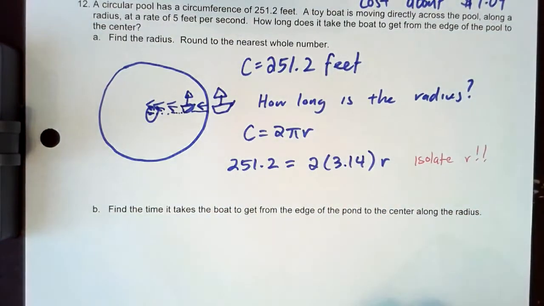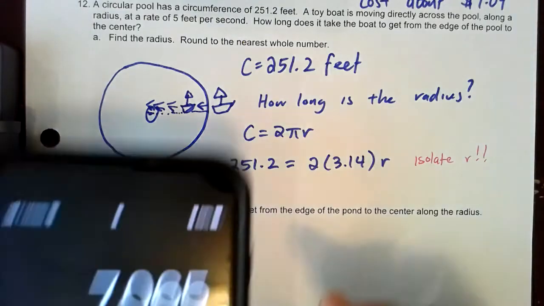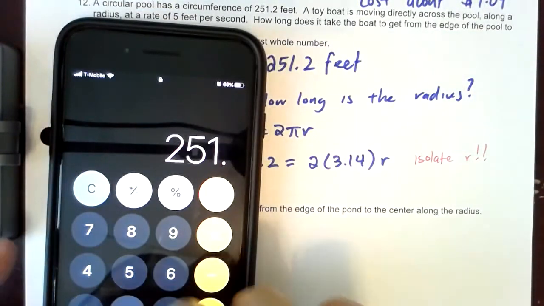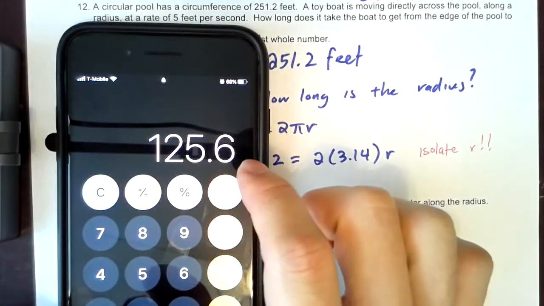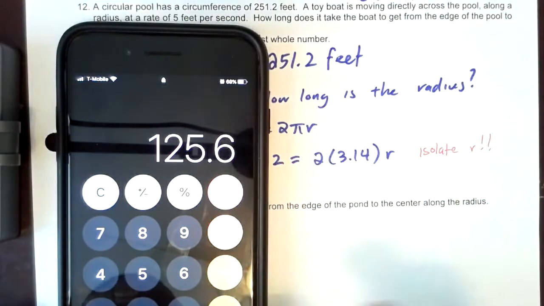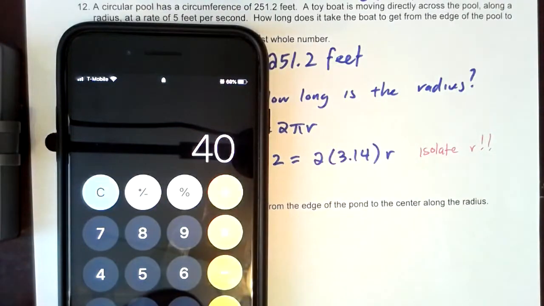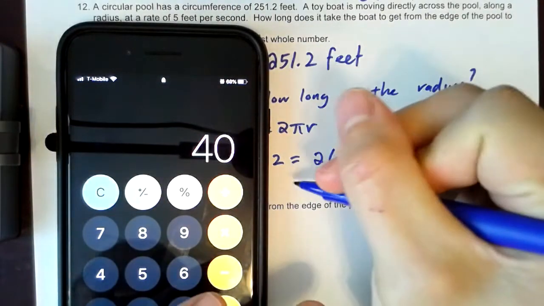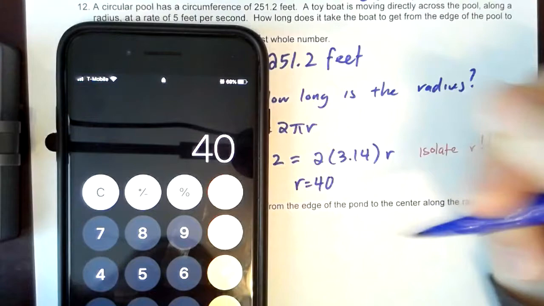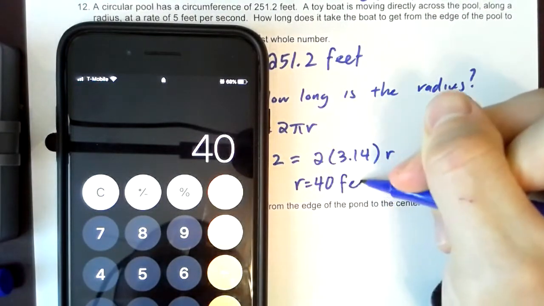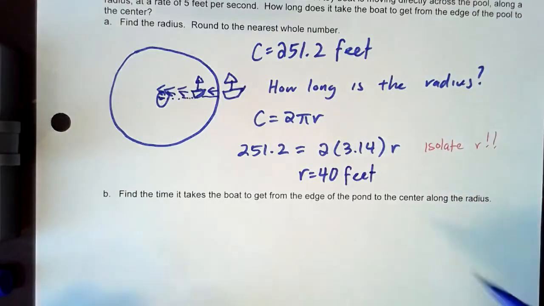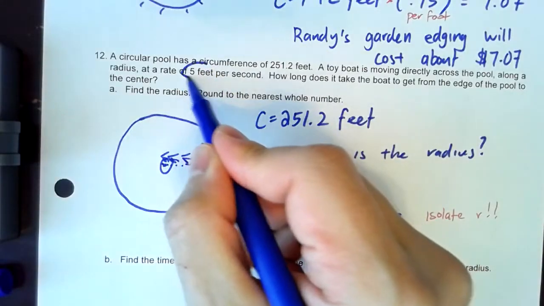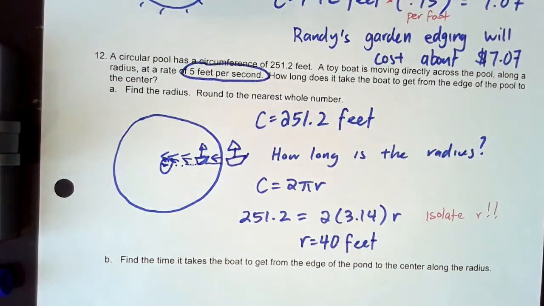So all we have to do is we take our 251.2 divided by 2, you get 125.6. Then you divide that by 3.14. And we get a solid number of r equals 40 feet. Okay. So then it also says that the boat is moving and traveling at a rate of 5 feet per second.